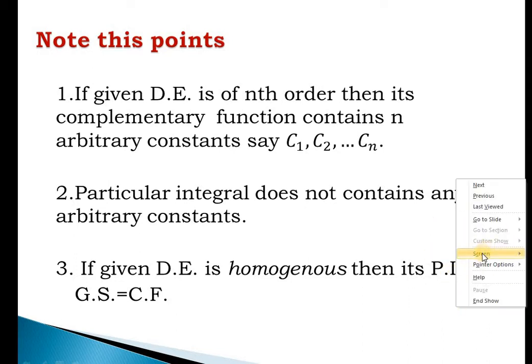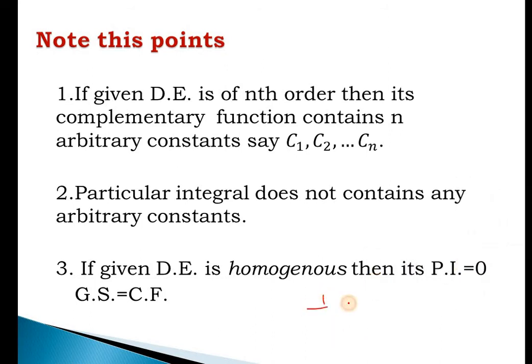What is the formula for PI? 1 upon phi of D into f of x. So homogeneous means f of x is 0, so 1 upon phi of D on f of x is 0, and therefore the particular integration is 0, and the general solution is CF plus PI, but PI is 0, so the general solution is only equal to CF. Okay.